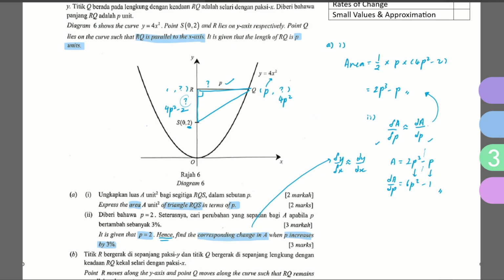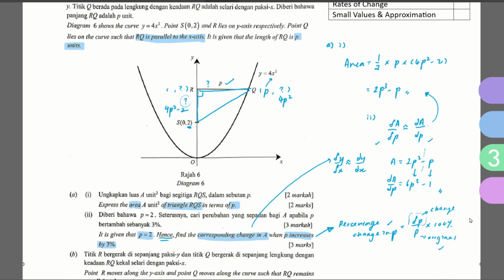And for delta p, we can use the information from here and an equation, which is the percentage change in p equals the change of p divided by the original value of p multiplied by 100. In the question, they've given us these two and we need to find delta p.